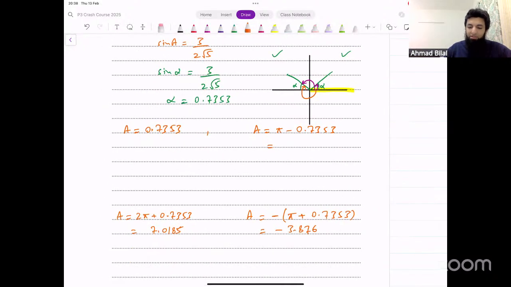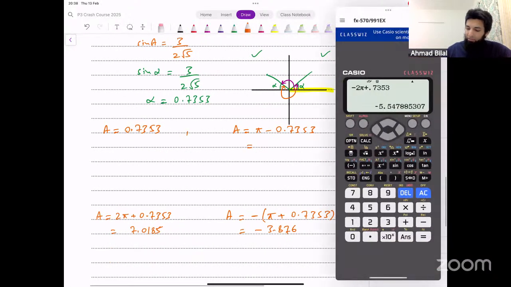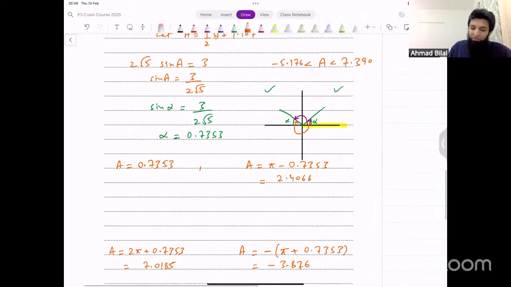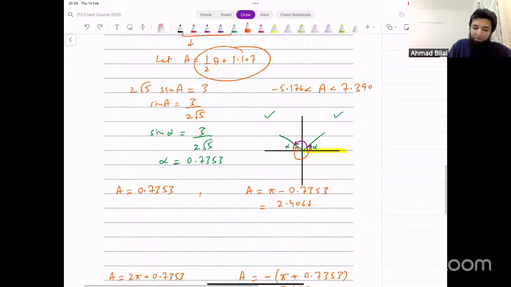Now we put that substitution back. So that was a lot of work, right? For these marks, 0.7353, that's 2.4066. Now we put that substitution back, half theta plus 1.107.